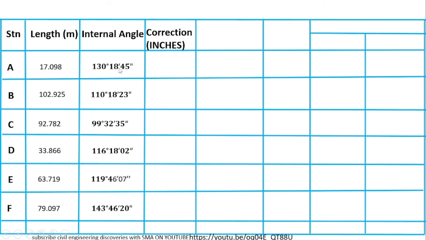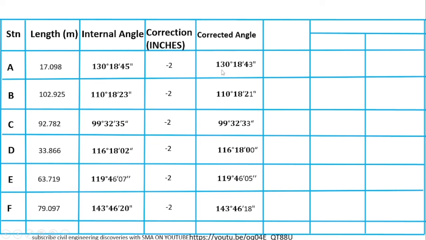The correction to each angle is minus 2, so we will write that here, and the corrected angle is obtained by subtracting 2 from these internal angles, for A, B, C. So these are the corrected angles. We found the bearings above, so we will write them here for stations A, B, C and so on.